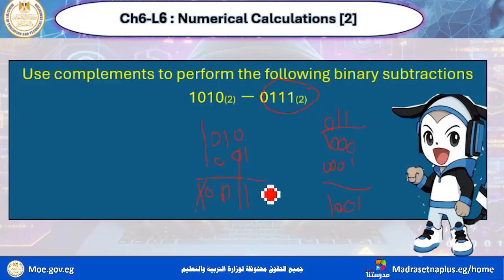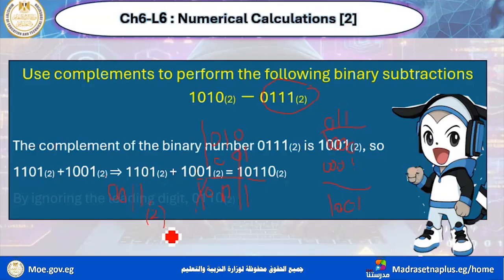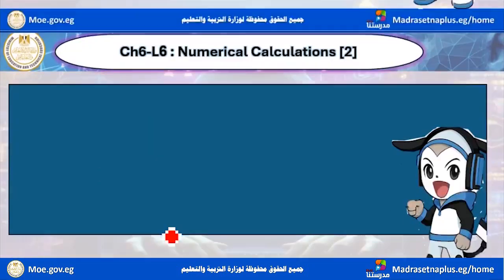Now remove this. It will be 1, 1, 0, 0. Don't forget the base. Here we invert, then add to the next number, and the result will be as we said.